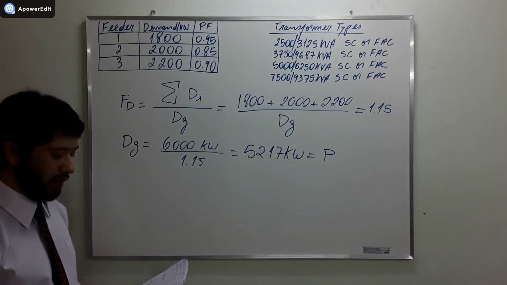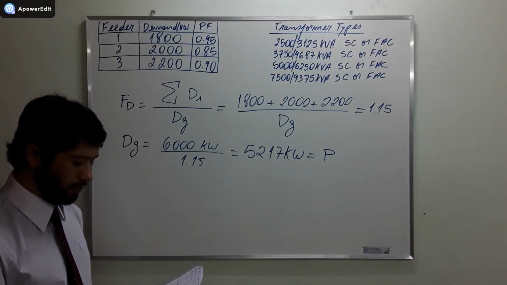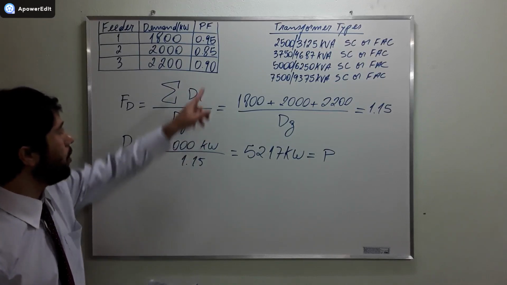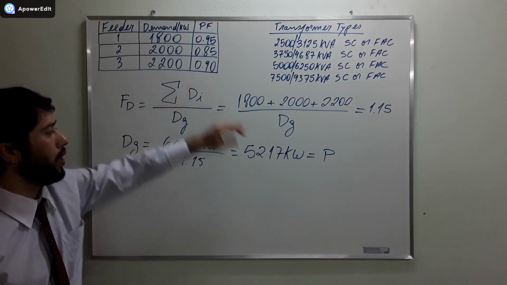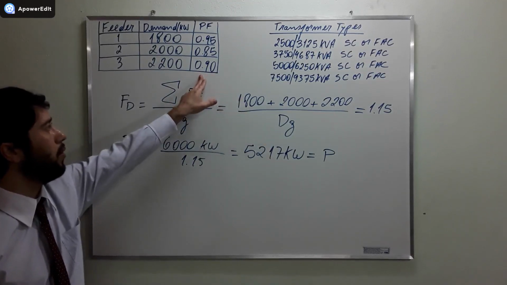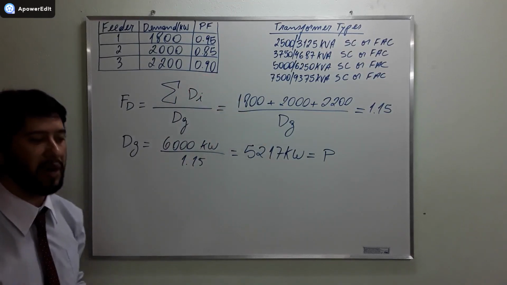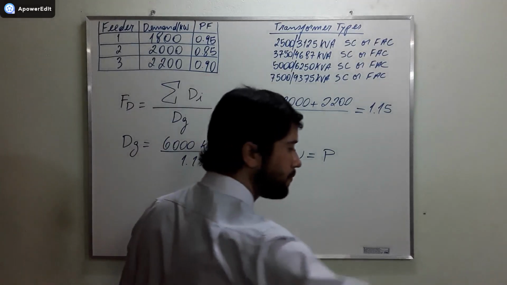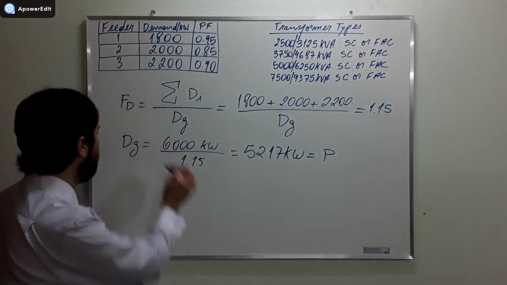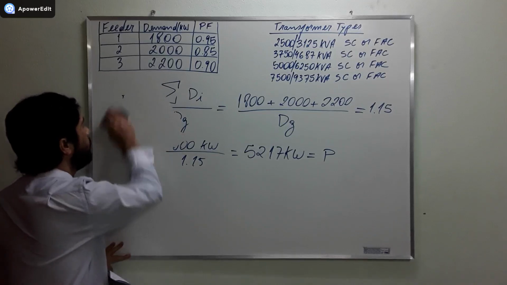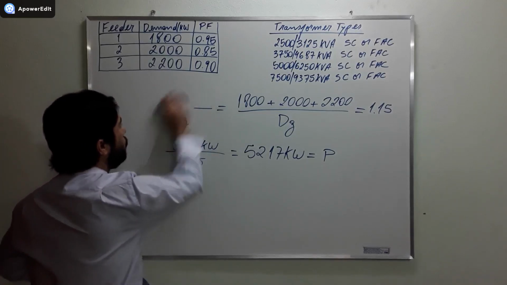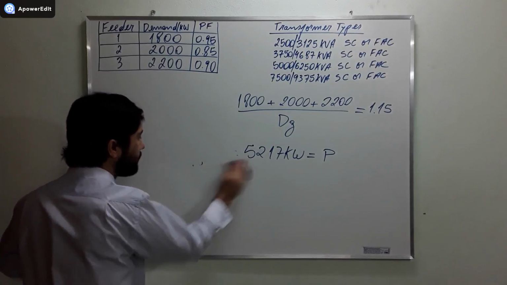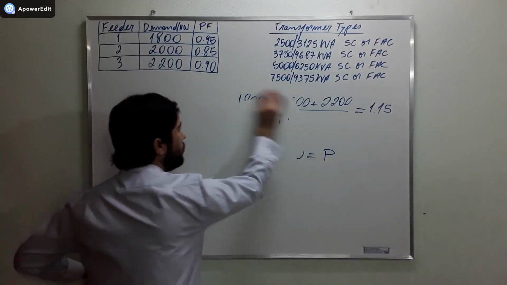Okay, to find the apparent power, it is required to work on the power factors. We are going to use this and the power factors to calculate the apparent power. Let's go. It is going to be easy. Stick with me and we are going to do it. Okay? So let's continue.